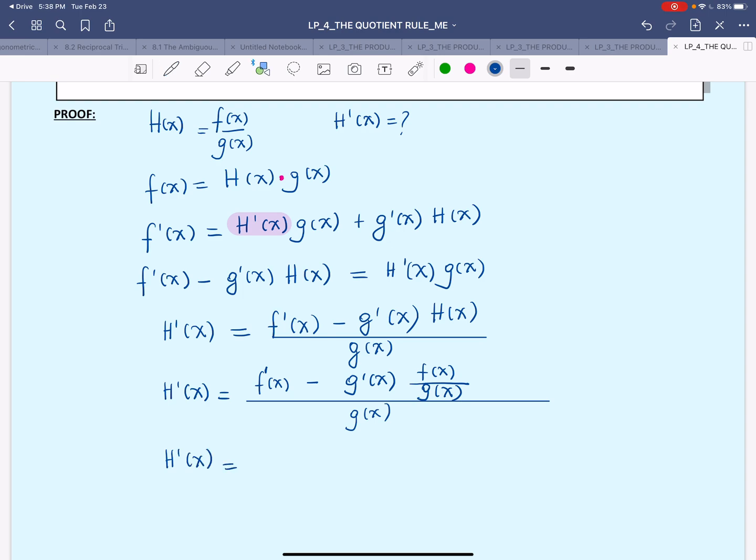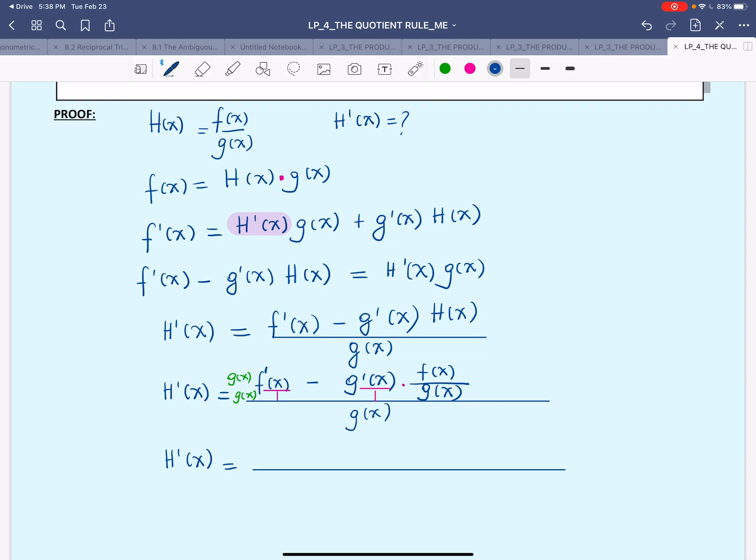And this would leave us with, now remember that here we have a multiplication of two fractions. But then we also need these terms to join each other. The denominator here is 1, which means that we need to multiply by g of x, both numerator and denominator.